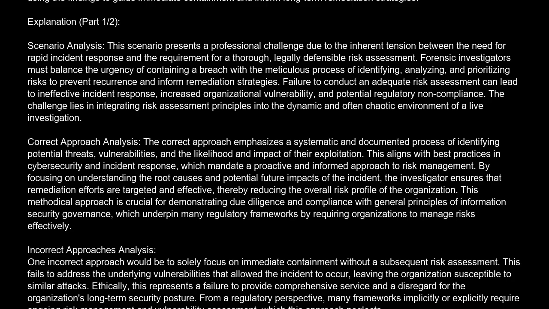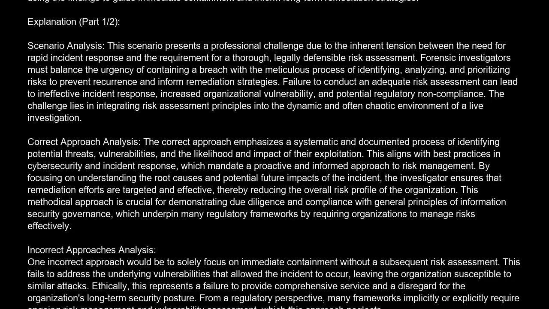Correct approach analysis. The correct approach emphasizes a systematic and documented process of identifying potential threats, vulnerabilities, and the likelihood and impact of their exploitation. This aligns with best practices in cybersecurity and incident response, which mandate a proactive and informed approach to risk management.